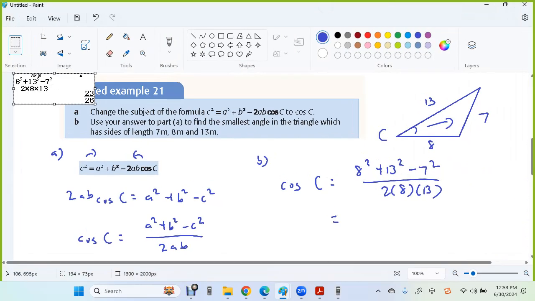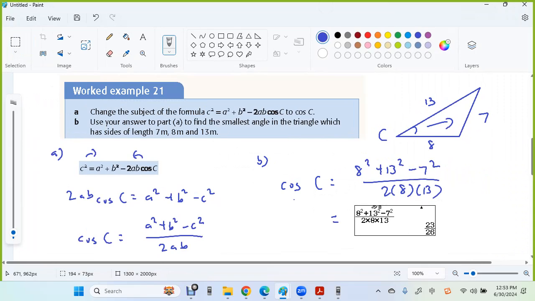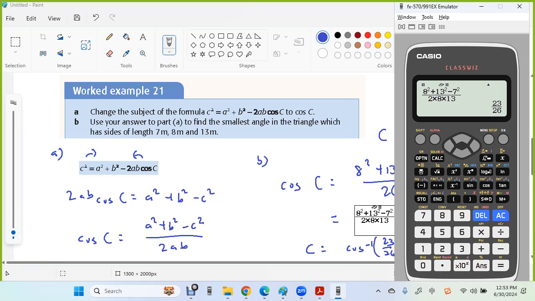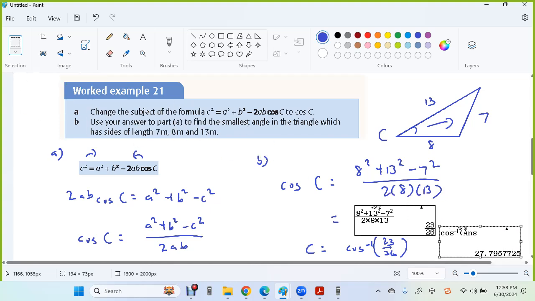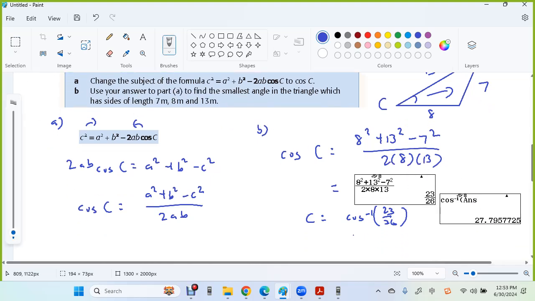So it is 23 over 26. Then C will be the arc cos of 23 over 26, which is 27.8 degrees.